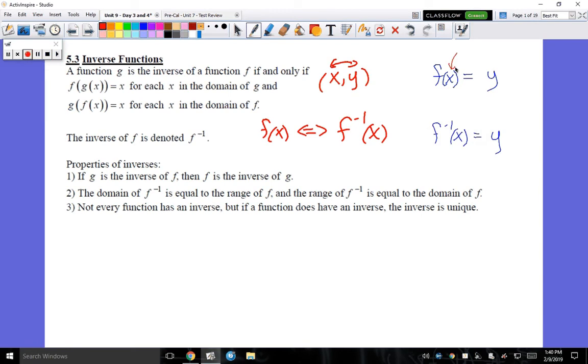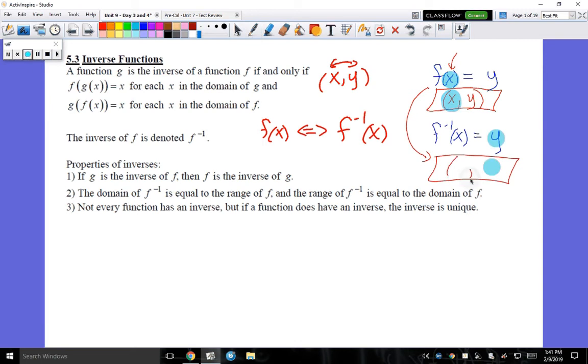This input in the original function will yield a y value that is on the graph. And something that we're going to see of how it relates to the inverse function, this is very important, is that the input of the original is actually equal to the output of the inverse function.